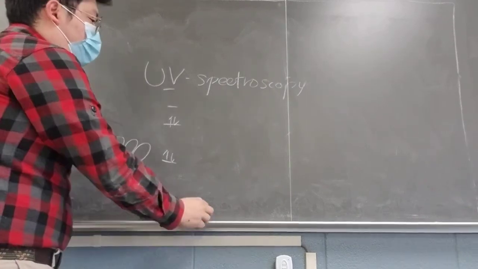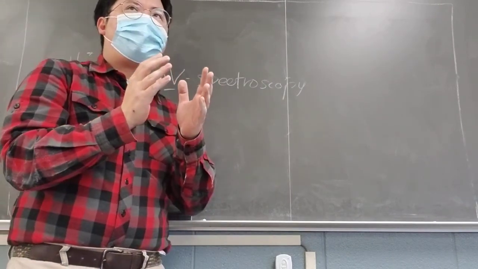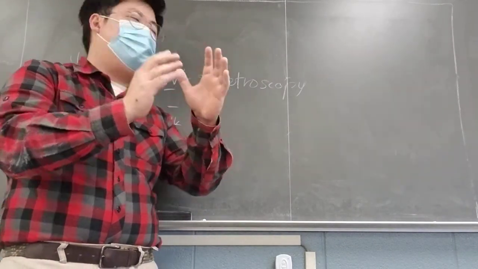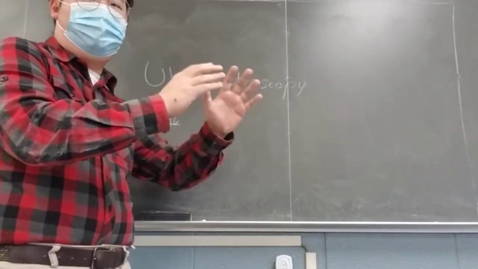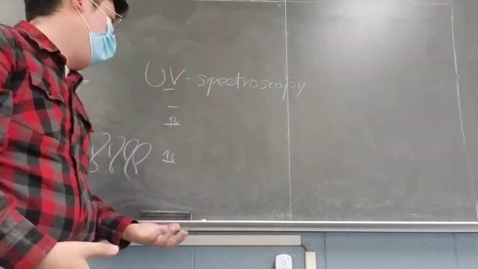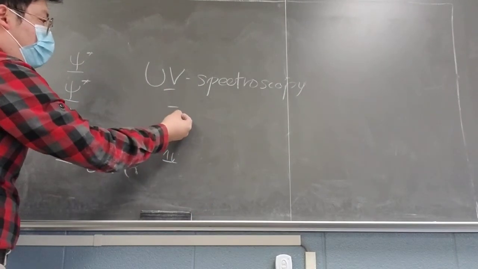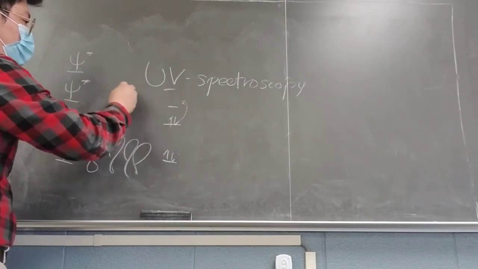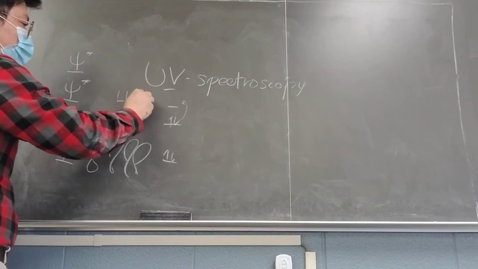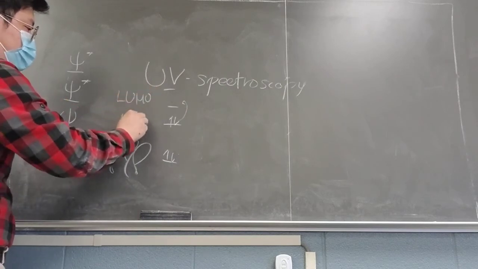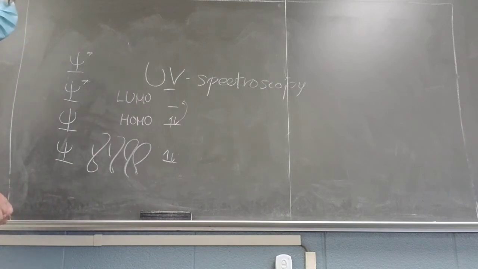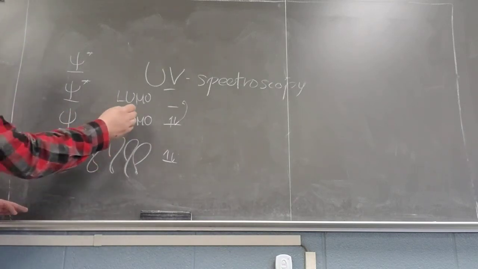And then if you think about it, you shoot the UV light on there, the electrons in the p orbital, in the pi bond, they can be excited to the LUMO. Okay? I talked about this one briefly last time, and we tried to explain how we do the reaction.